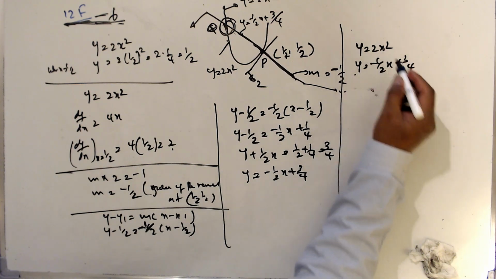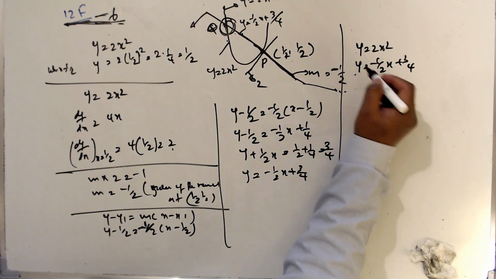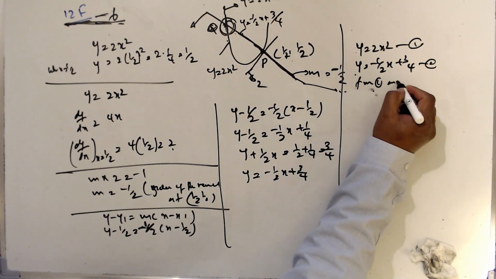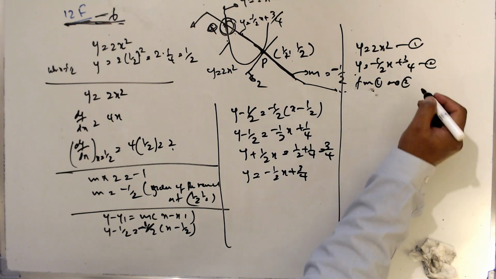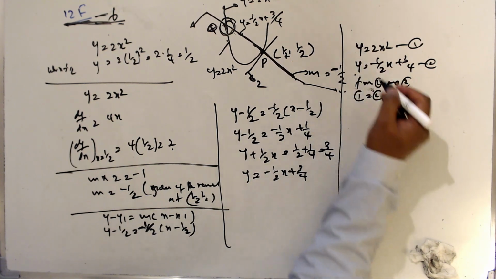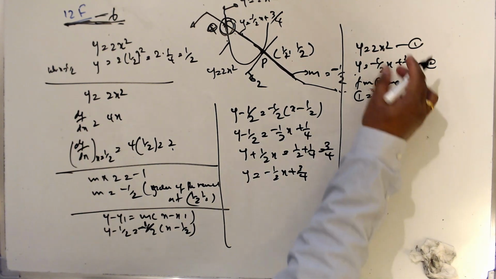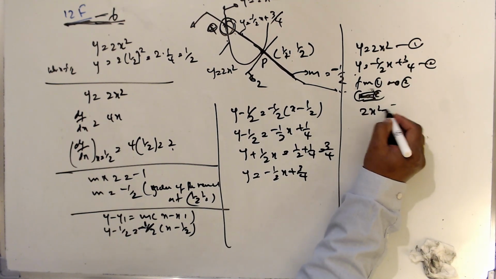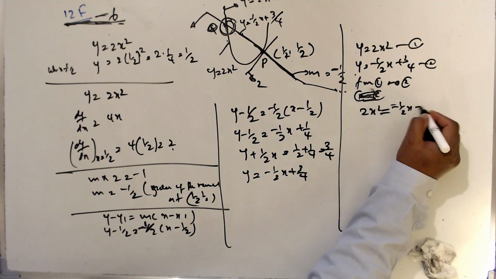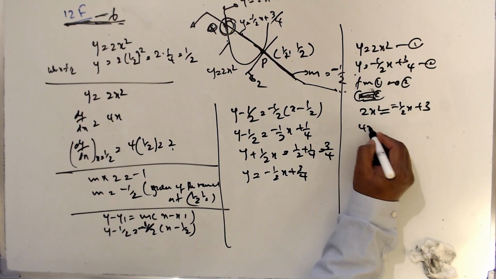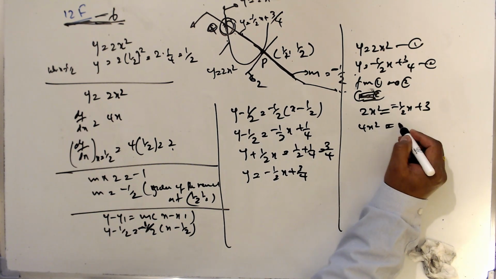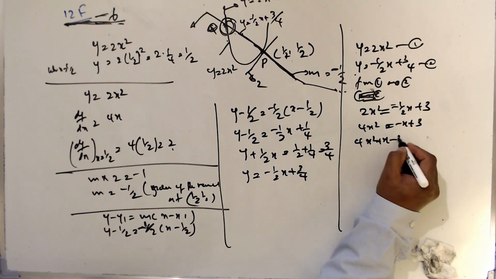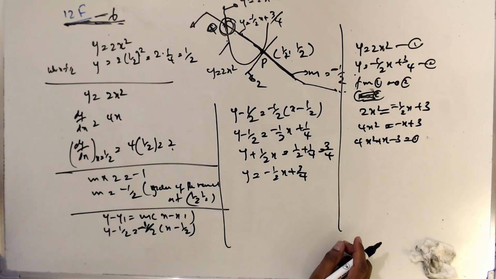I'll substitute from 1 and 2, because they are both the same. From 1 and 2 you can write 2x squared equals minus half x plus 3 over 4.